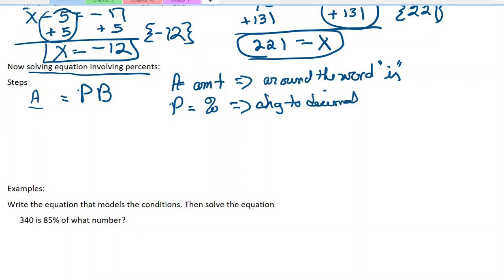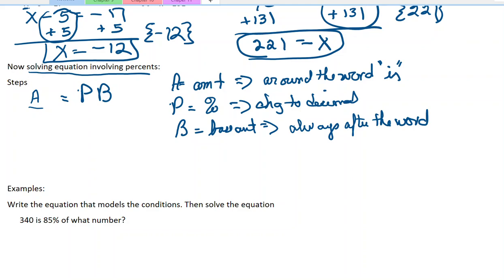Can't miss percent. And the B stands for base amount, and that is always after the word of in the sentence.